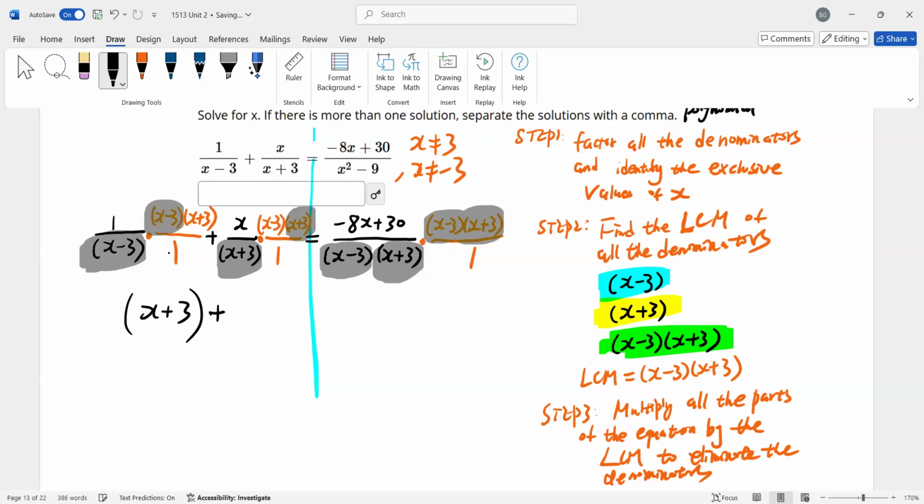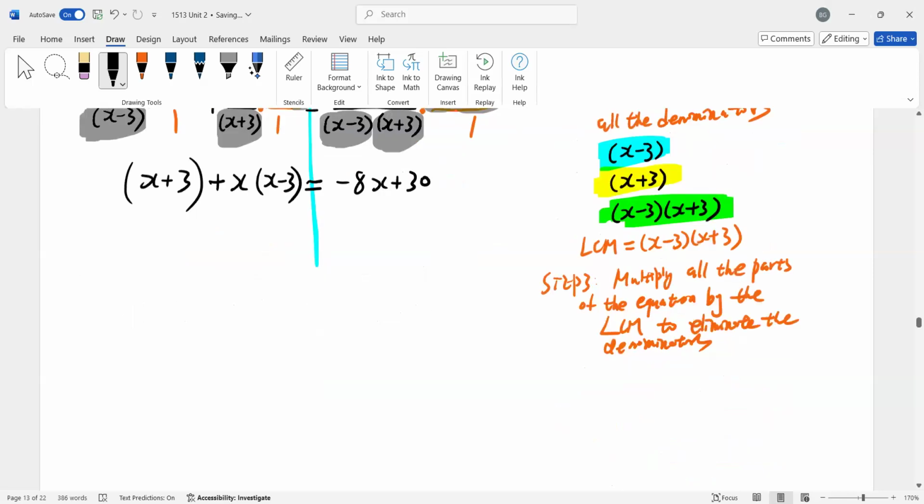And the second part, we have x left on the top, also x minus 3 left on the top. Bring down the equal sign in the middle. And then on the right side, we have negative 8x plus 30 left on the top. Right? Yeah, double check always. Okay, looks good.